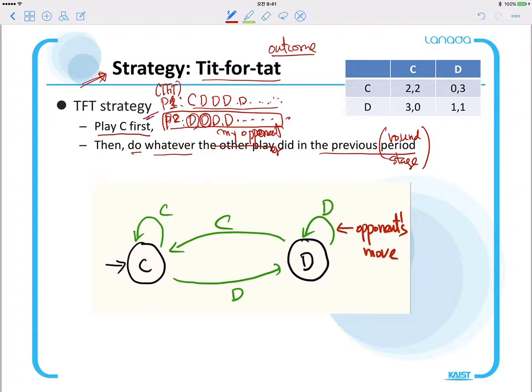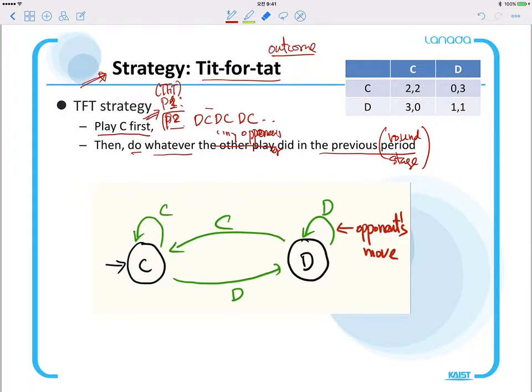For P2's strategy D D D D D, the Tit for Tat outcome is C D D D D. And suppose that P2's strategy is not D D D D D, but D C D C D C, and so on. Then obviously the Tit for Tat result would be different.